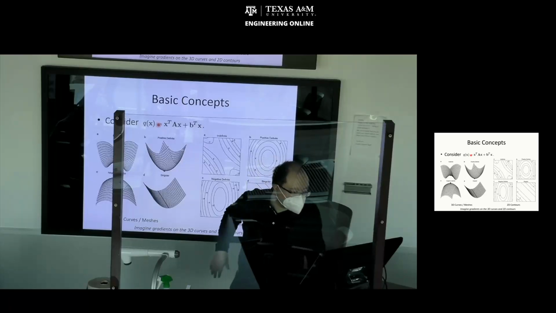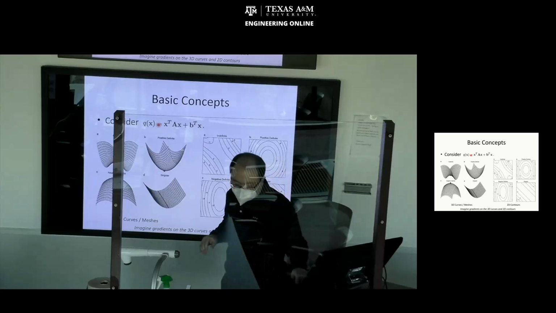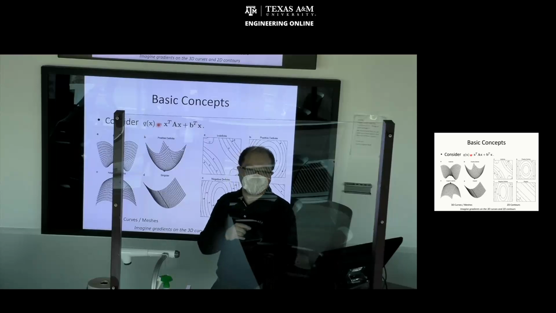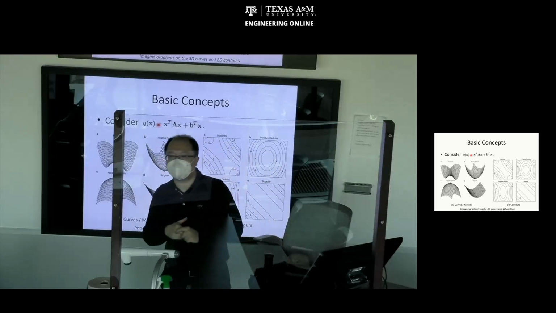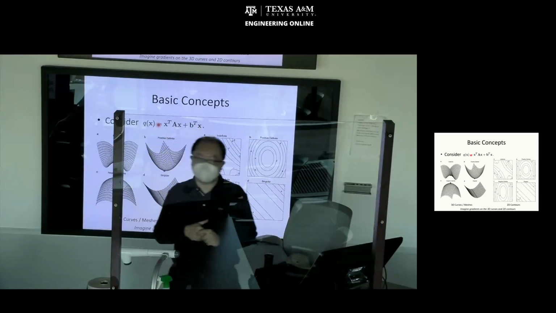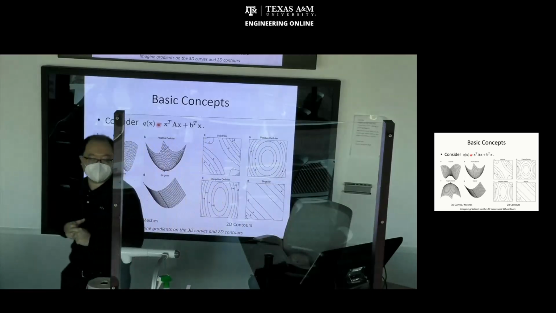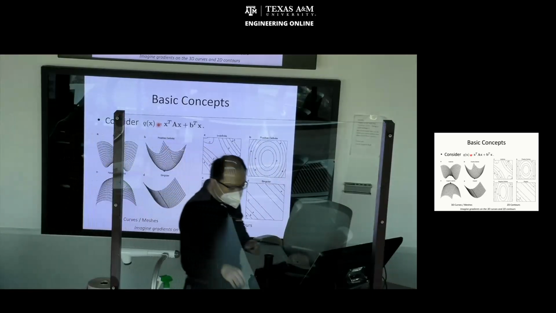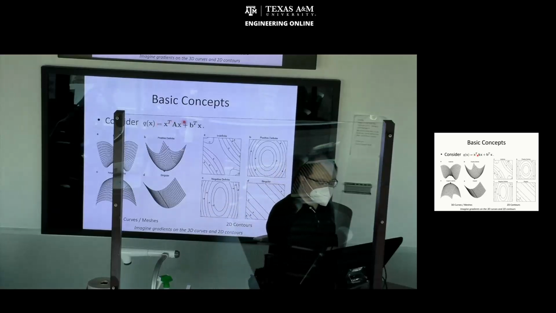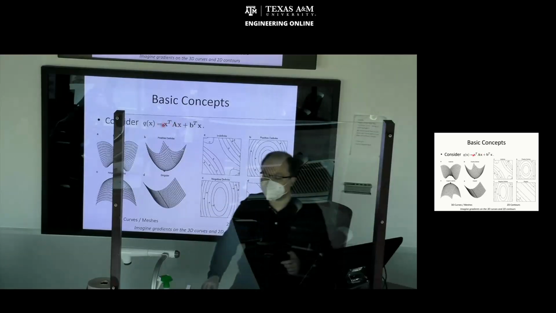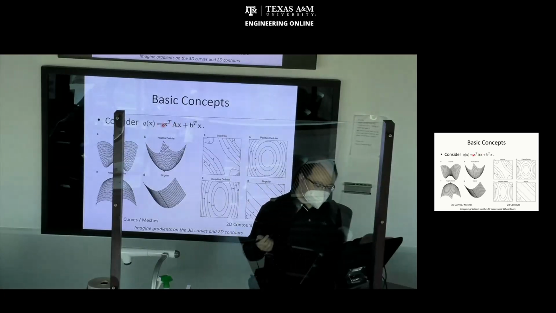Okay, good. The next question is, what's the Hessian of q of x? It's simpler. 2A, right. So sometimes people put a 1/2 in front of the quadratic term so that the Hessian is just A.